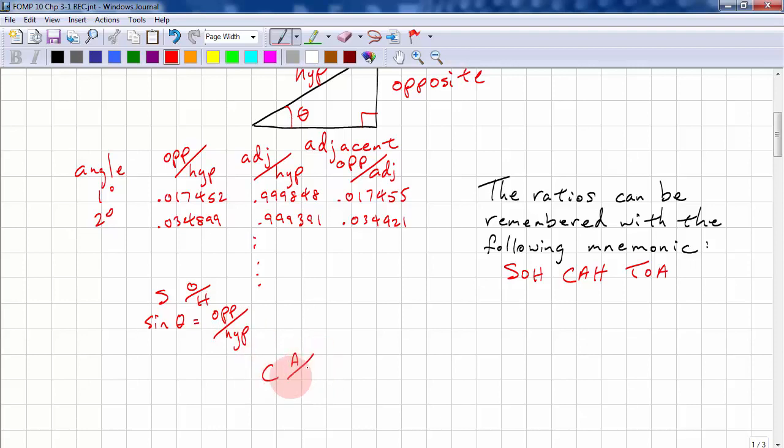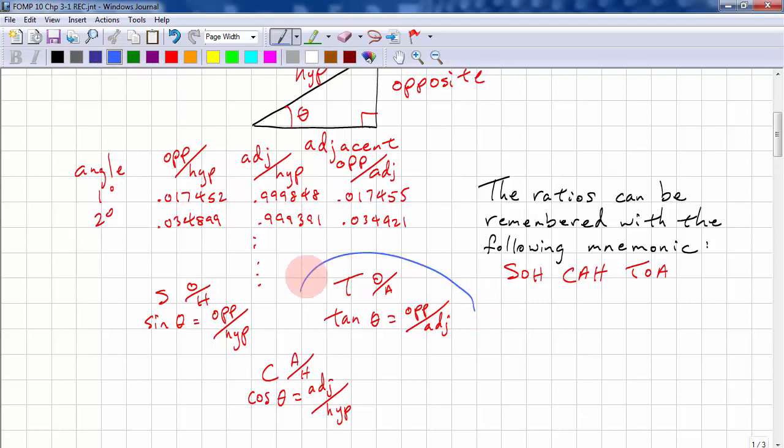CAH is cosine theta equals adjacent over hypotenuse. And TOA, tangent theta equals opposite over adjacent. Okay, we'll cover this more later. Today we're just concentrating on tangent, which is opposite over adjacent.